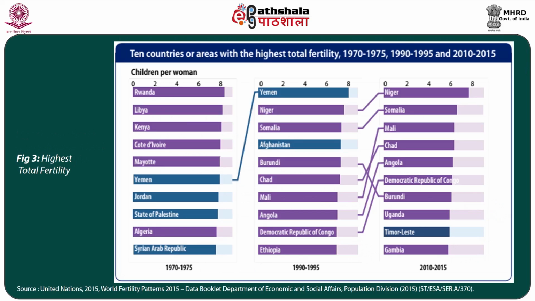In 1990-95, the top 10 countries included Ethiopia, Democratic Republic of Congo, Mali, Afghanistan, Somalia, Niger and Yemen. In case of 2010 to 2015, the top 10 high fertility countries included Uganda, Angola, Mali, Somalia and Niger.